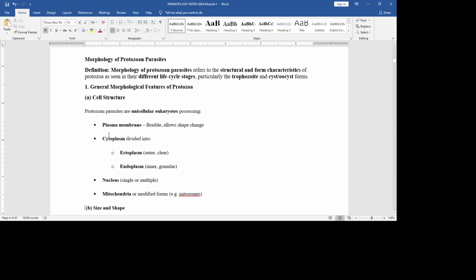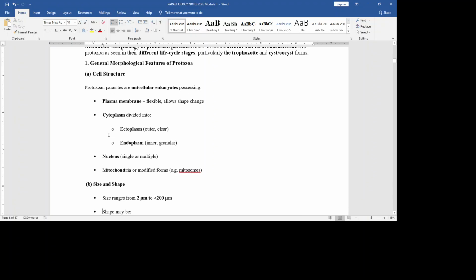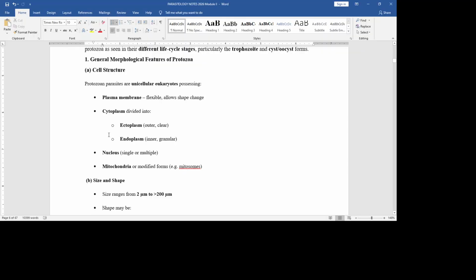Then, every cell requires energy, and the energy is normally synthesized in special organelles, which we call the mitochondria, and each cell must have mitochondria to serve the energy requirements of the cell as it carries out the various metabolic activities.